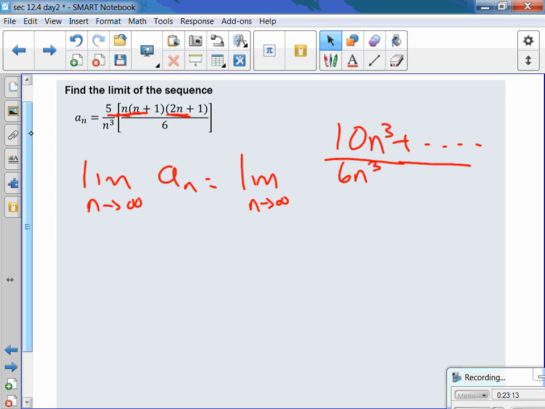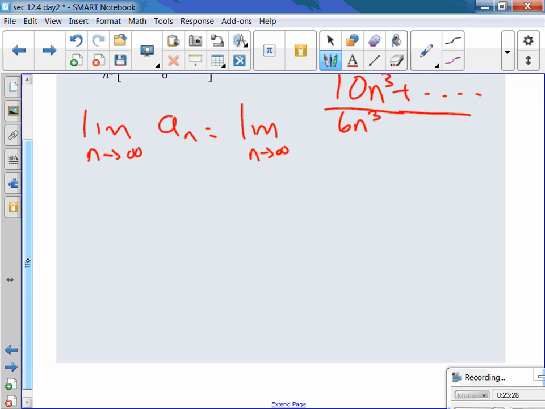Do we concern ourselves with those other terms? No. Because here, again, we're just looking at our leading coefficients. Let's just give ourselves 5/3.